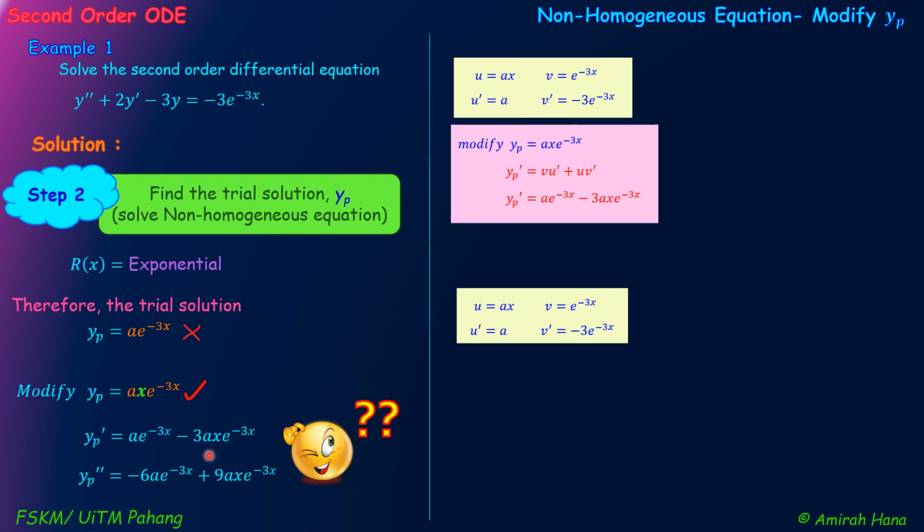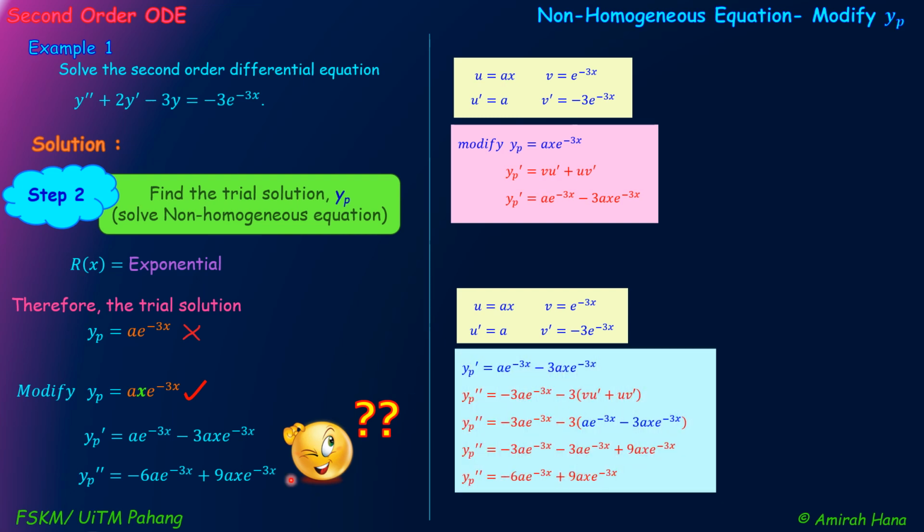But to differentiate this, since we have multiplication between a variable and a function containing a variable, we need to differentiate using product rule. Okay, alright, from yp prime equals ae to the power of negative 3x minus 3axe to the power of negative 3x. After we differentiate this, we got this.